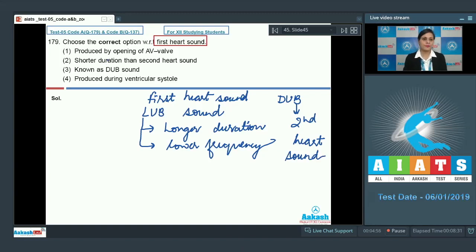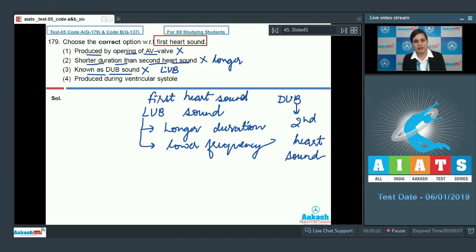Let's discuss the options. First option is produced by opening of AV valve, and this is an incorrect option because first heart sound or lub sound is produced when there is closure of AV valve during ventricular systole. The next option given is shorter duration than second heart sound, and this is also an incorrect option because it is of longer duration than second heart sound. The next option given is known as dub sound, and this is also incorrect because it is known as lub sound and not dub sound.